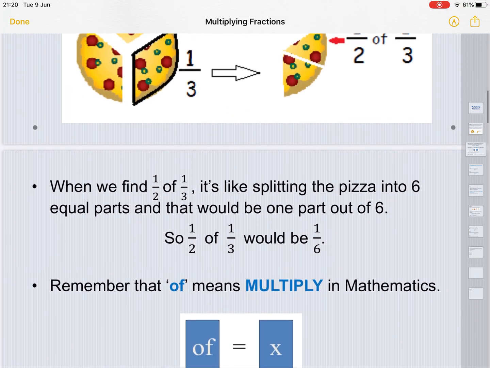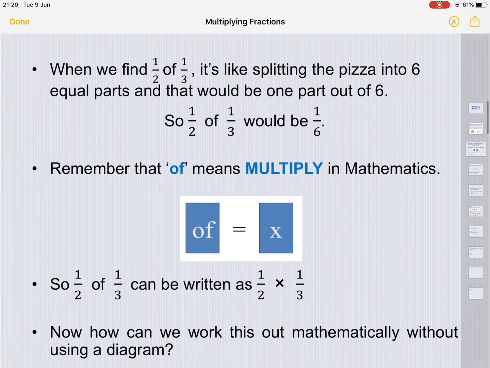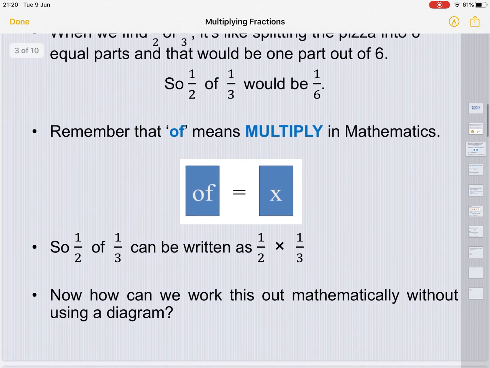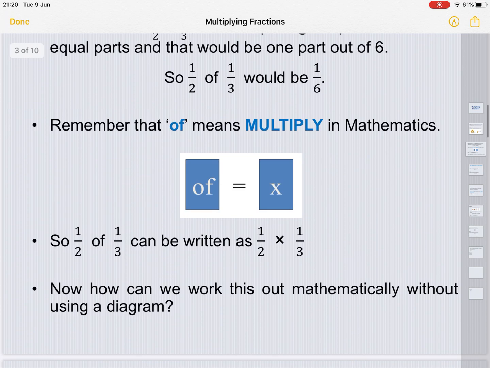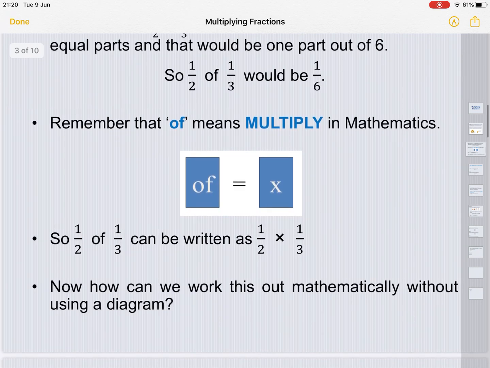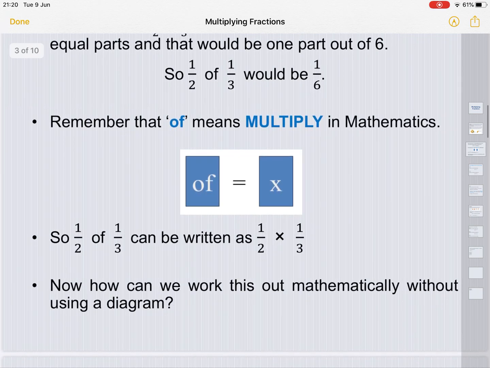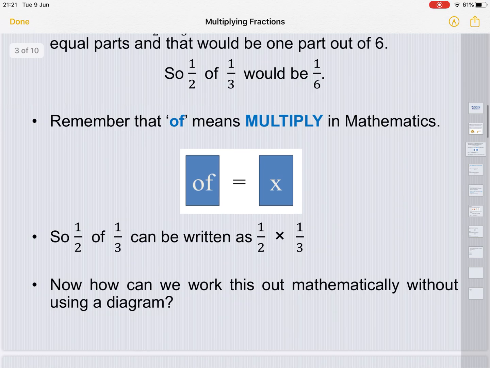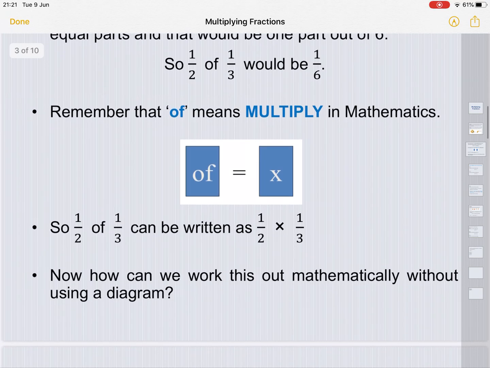Now, remember that of means multiply in mathematics, okay? So 1/2 of 1/3 can be written as 1/2 times 1/3.